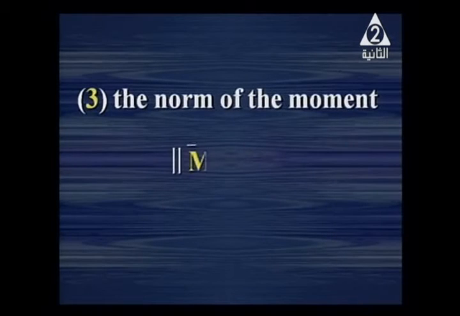Norm of the moment. What is the norm of moment? F times L. F is the force, L is the perpendicular from O to the line of action of the force.